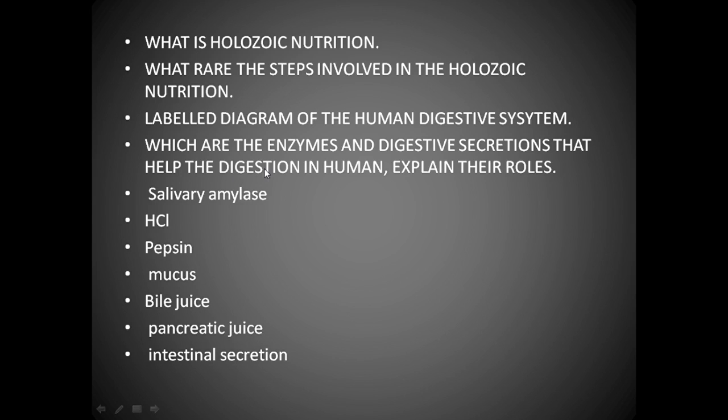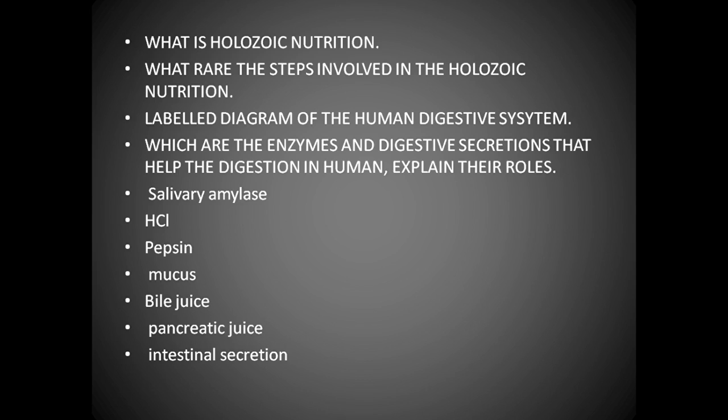Then next is, which are the enzymes and digestive secretions that help digestion in humans, and explain their roles. Here I've just listed what they are. Salivary amylase, starch digestion in the buccal cavity. HCl, providing acidic medium and killing bacteria. Pepsin, partial protein digestion.